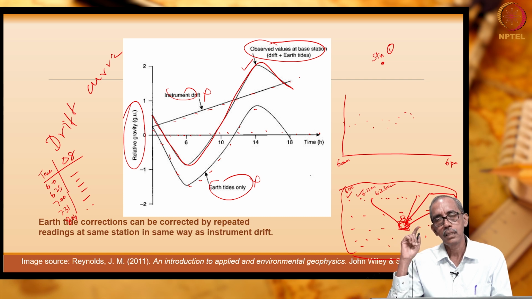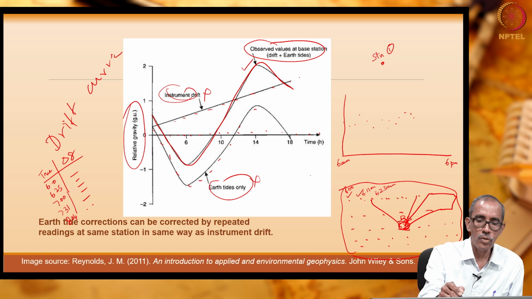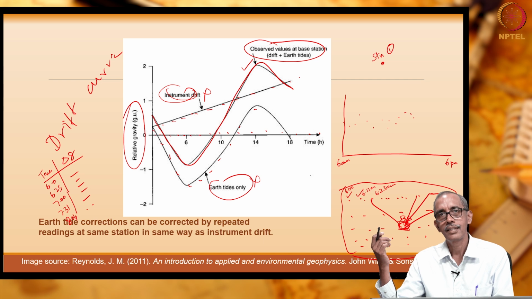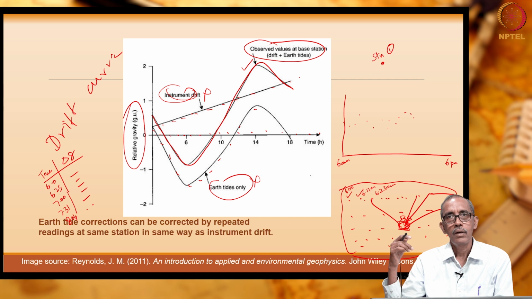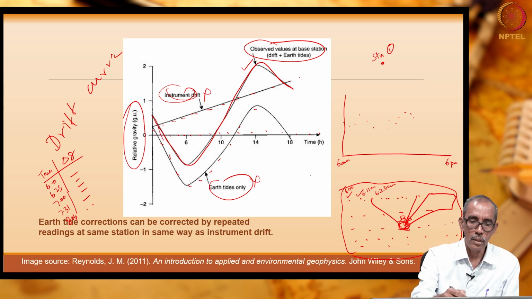It is always best to use the same gravimeter for the entire survey. Why? Because the instrument itself has so much drift. At different times it shows slightly different values, isn't it? So, we have to use the same instrument. Now, we have the drift curve prepared, that is what is shown here.